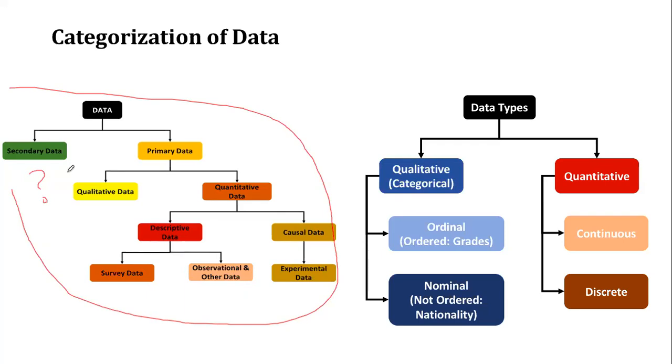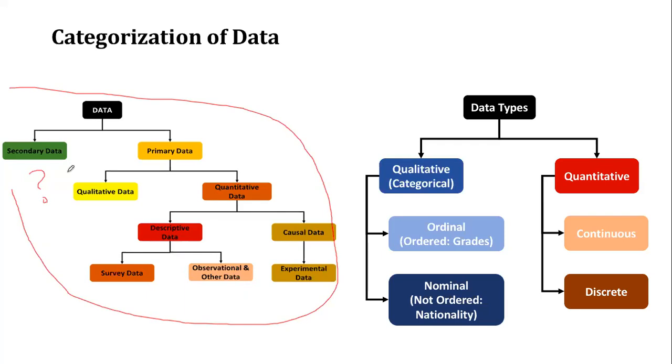It was collected and compiled by someone else, right? So if you want to use it, you can use that as a secondary data source. That type of data where you get data from a publication, it can be a printed publication or an online publication, whatever, we simply refer to those as secondary data.